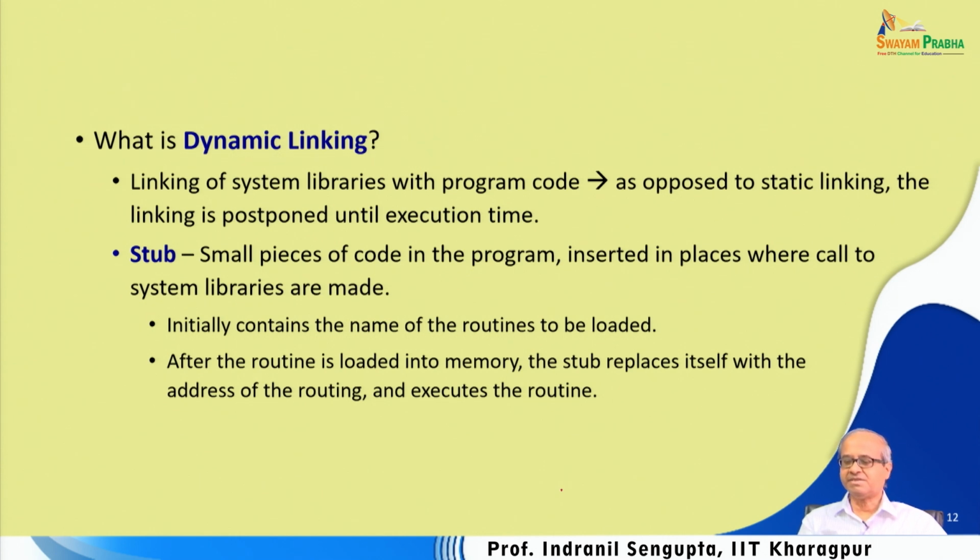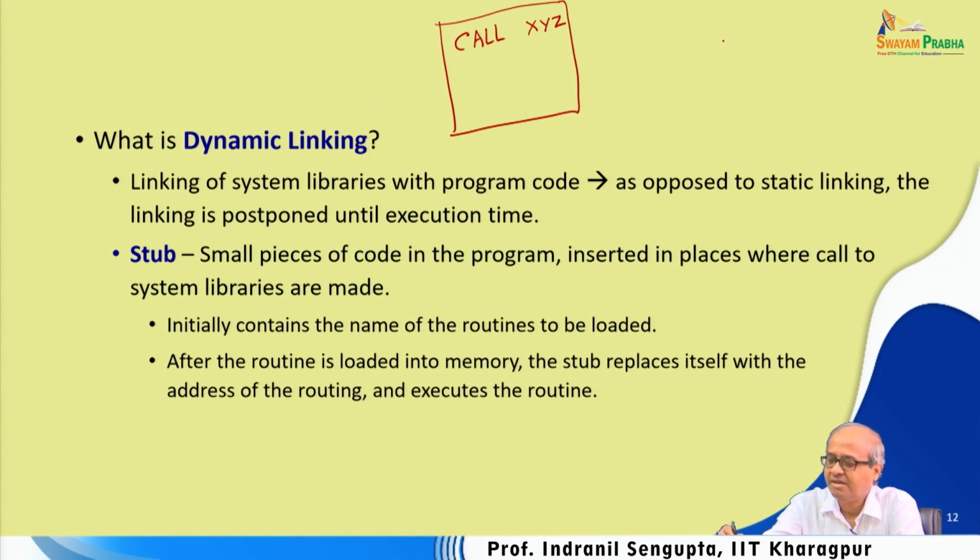Dynamic linking means, suppose there is an instruction calling a function, let us say XYZ. This is a program which is calling a function XYZ, and the function XYZ is somewhere else. If you look into memory, this XYZ will be stored from some memory location.